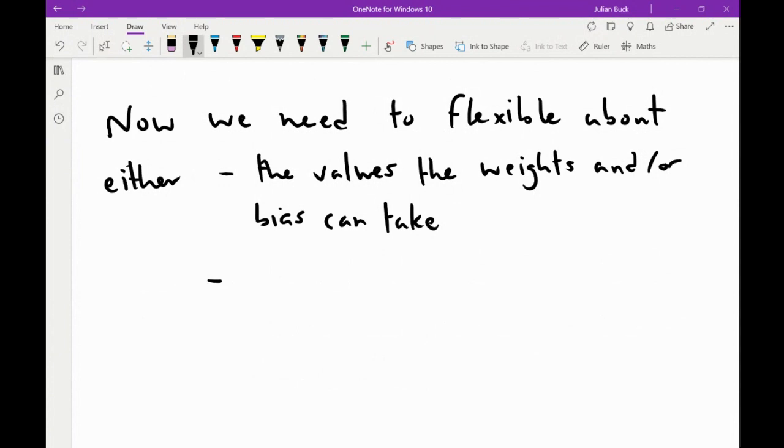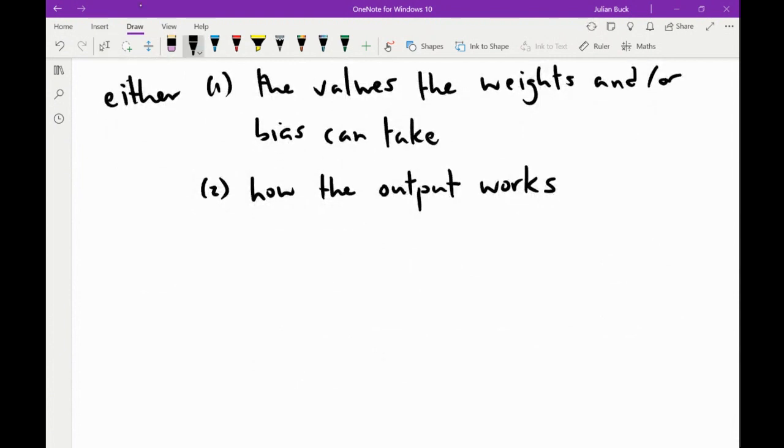The other option is that we can be flexible about how the output works. We can flip the zeros and ones, or one way to think about it is that we replace the output function by 1 minus the output from the previous one. For the second option, let me number these, and I'll just mention that we'll talk more about changes in the output function later when we discuss activation functions.